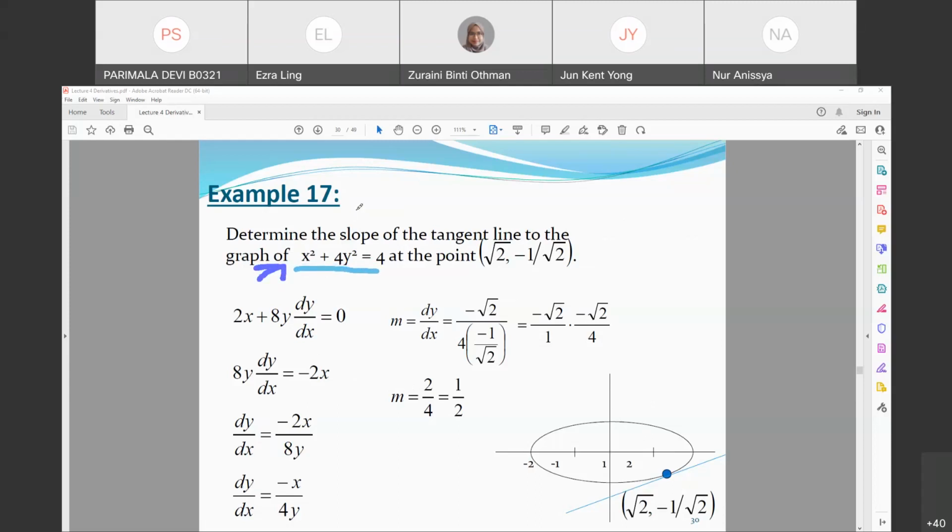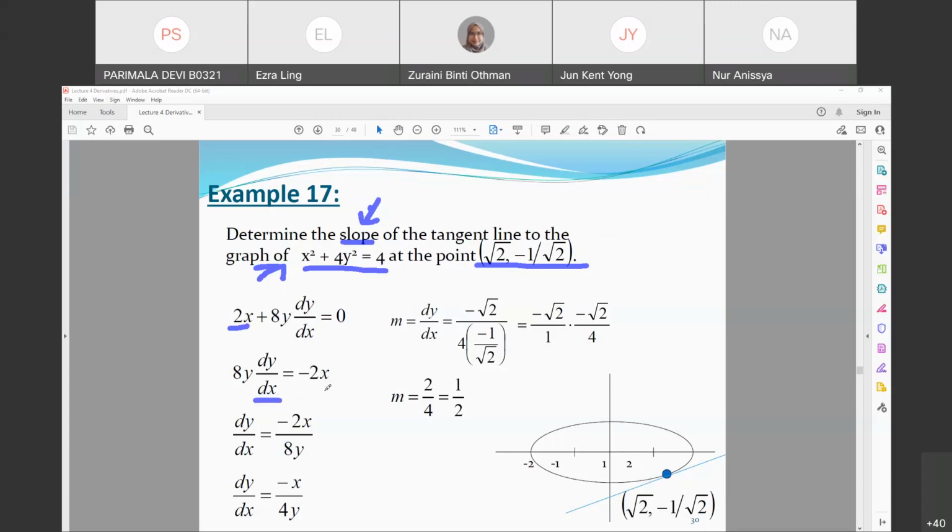But here, just find the slope of this ellipse at this point. Okay. By using this formula, we have to find the first derivative because the question asks about slope. Find the first derivative, x squared is 2x, 4y squared is 8y, and y dy over dx here, and 4 is 0.